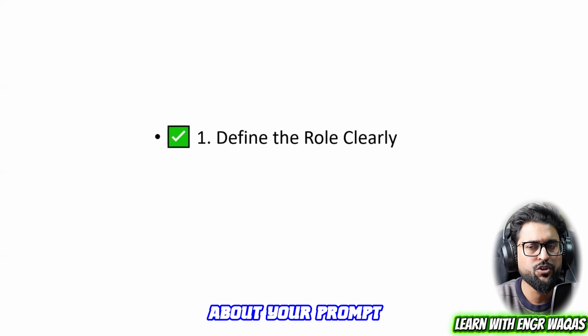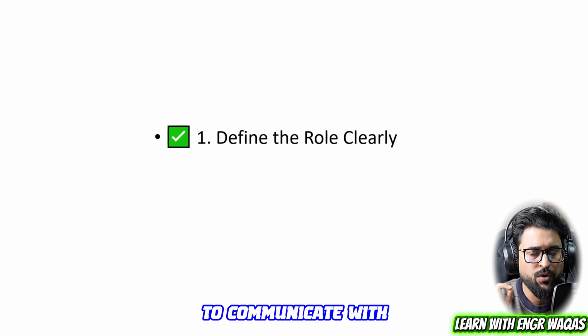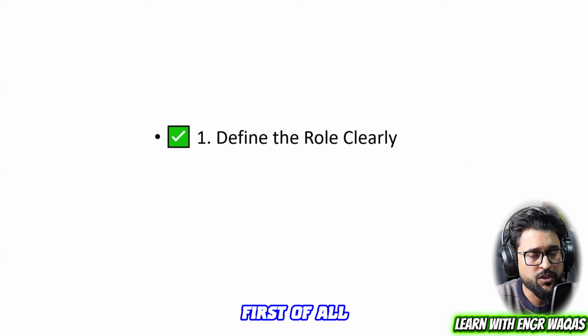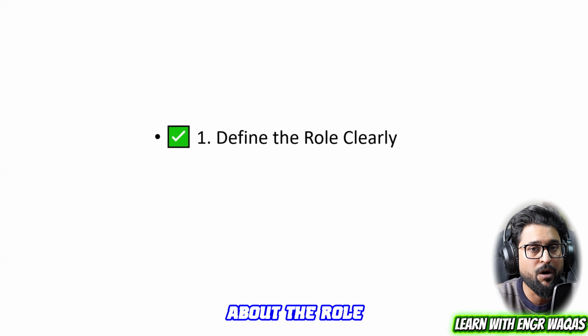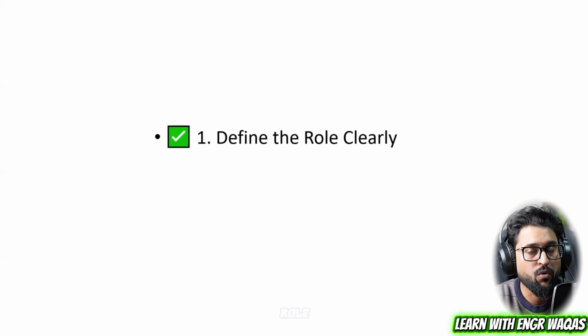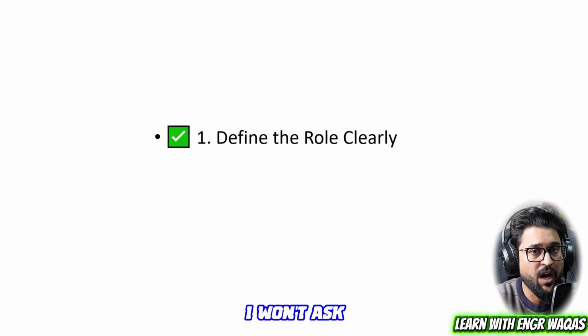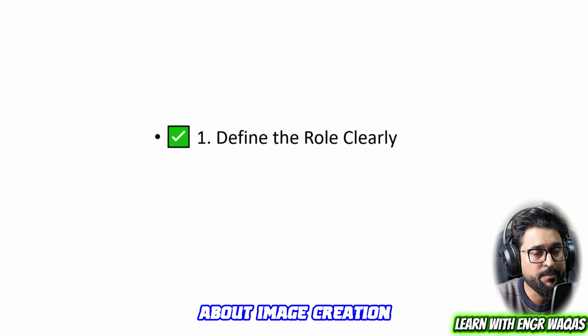Whenever you talk about prompt engineering, you are communicating with AI models. First of all, you have to clearly tell ChatGPT about the role. So define the role. I won't ask ChatGPT about content writing, image creation, or creation of a WBS of any random project.